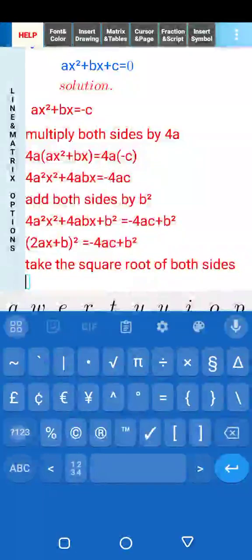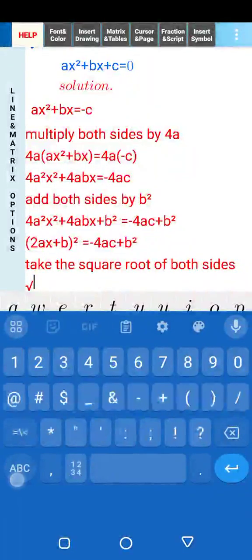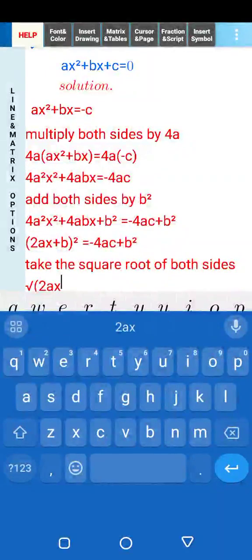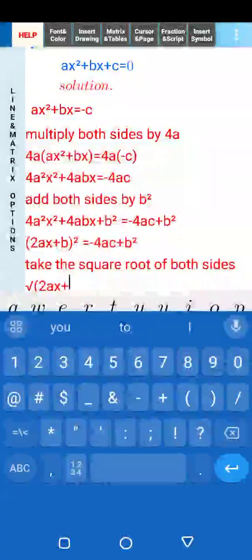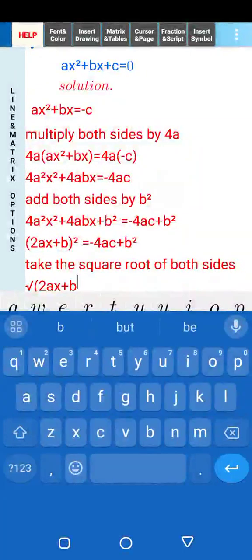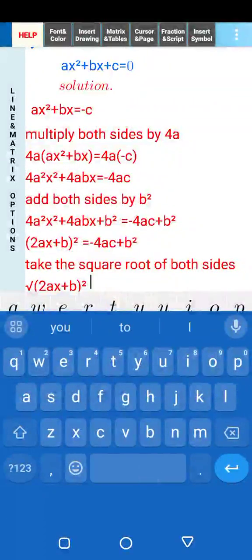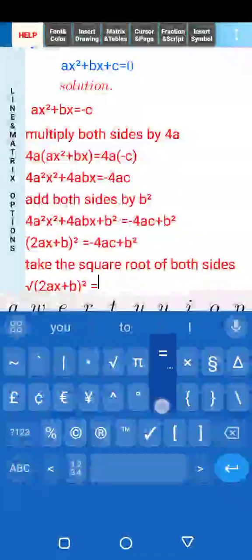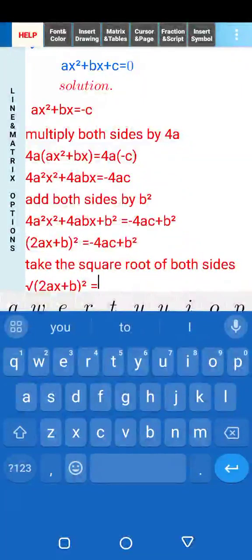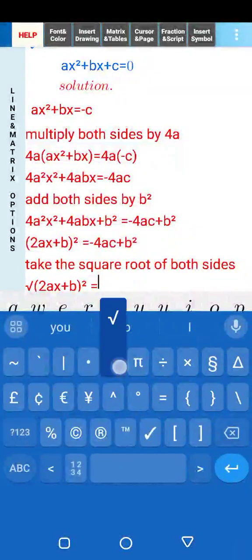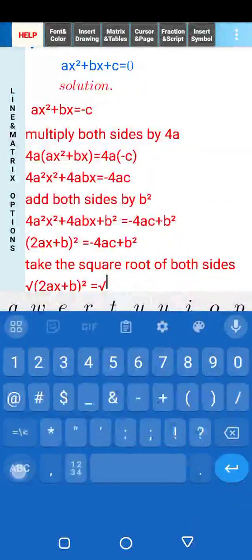It will give us something like this: the square root of (2ax + b) squared will be equal to the square root of minus 4ac plus b square.